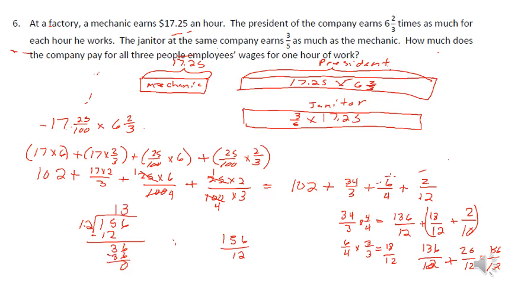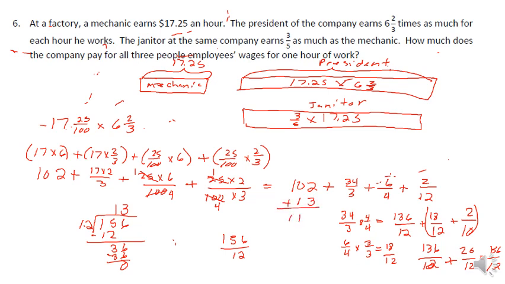All right. So what we did for that, now we know. Hold on a second. Where am I at? Okay. So now we have 13. So we're going to add that 13 to the 102.